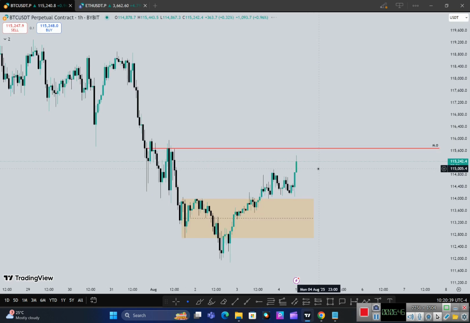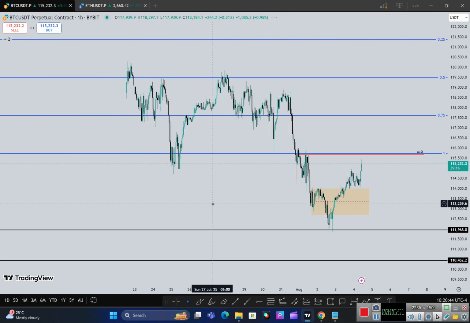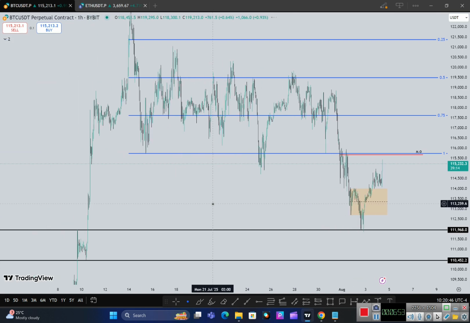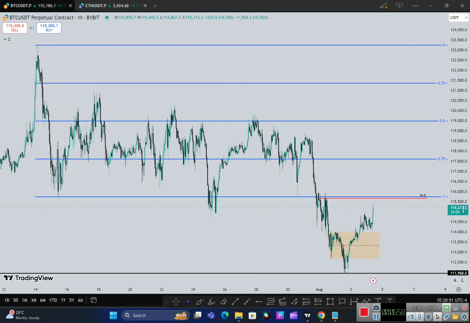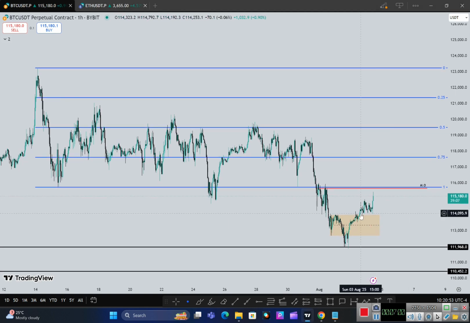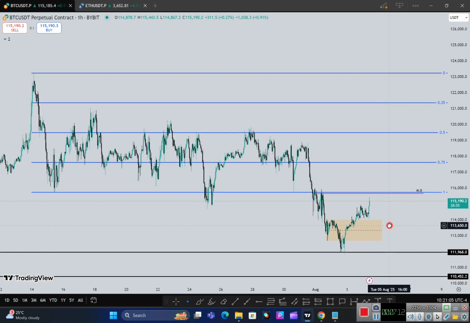Now we zoom into the 1 hour time frame. In the hourly time frame, as you can see, we had this 4 hour breaker block, and once we broke above this breaker high, we didn't tag that level quite well, but if we do tag this level, this is the first area of entry.